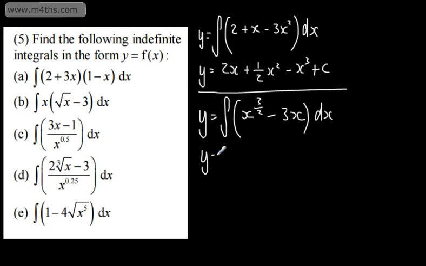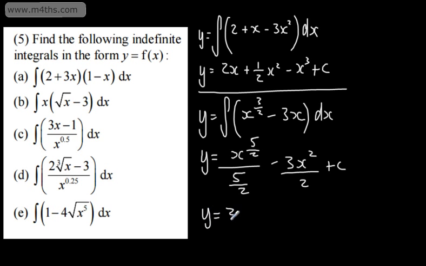So we can say that y is going to be equal to x to the power of 5/2 divided by 5/2 minus 3x squared divided by 2 plus our constant of integration. So dividing by 5/2 is the same as multiplying by 2/5. So 2/5 x to the 5/2 minus 3/2 x squared plus our constant of integration.